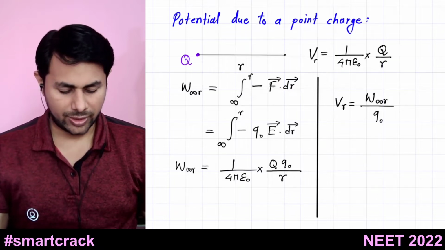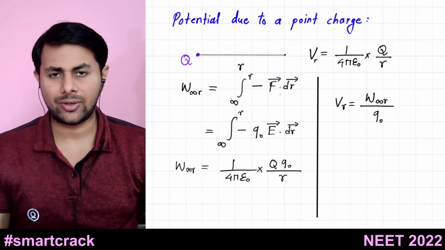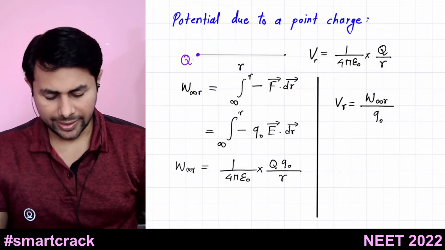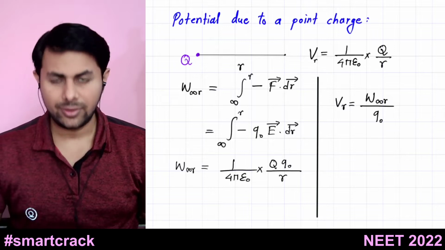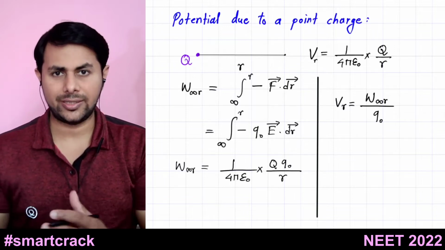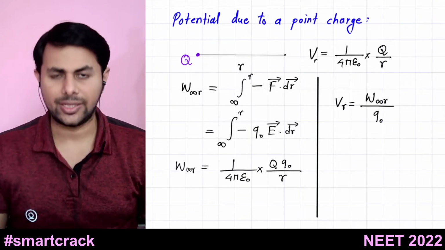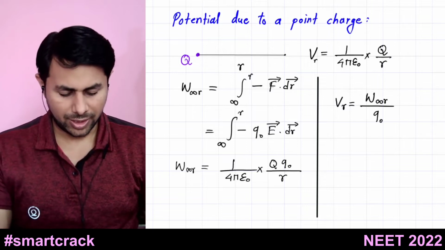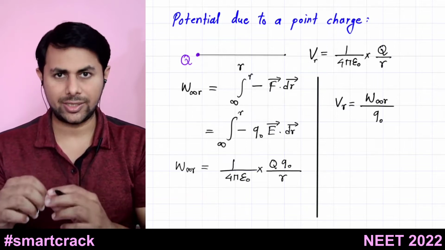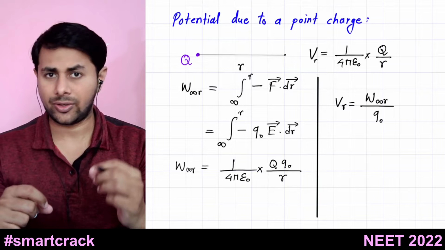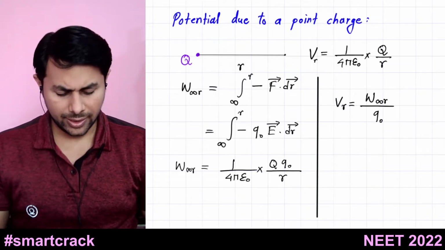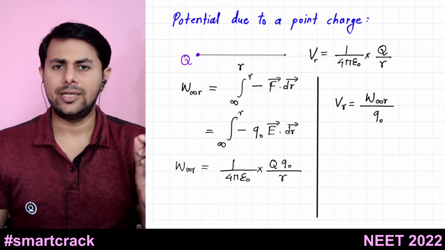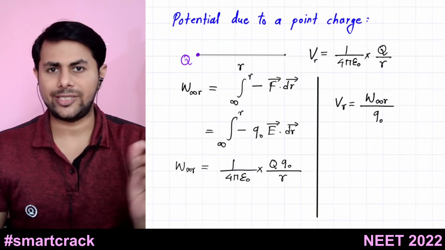So what is this minus F dot dr? It is work done against the electric field of this charge. Since it is work done against the electric field of this charge, we have this negative sign. There will be some force due to this charge on the other charge that you are bringing in. That force is F, and dr is the infinitesimally small displacement.